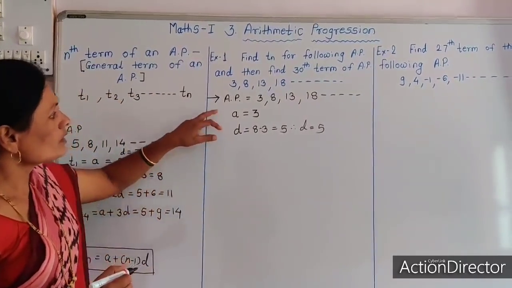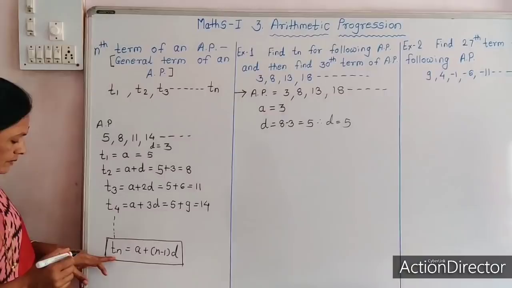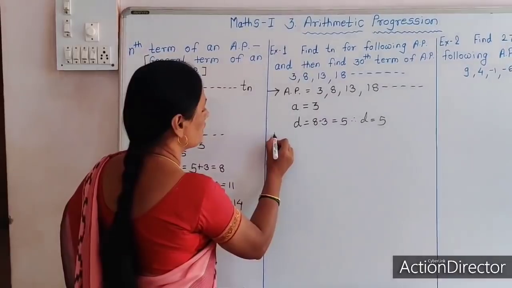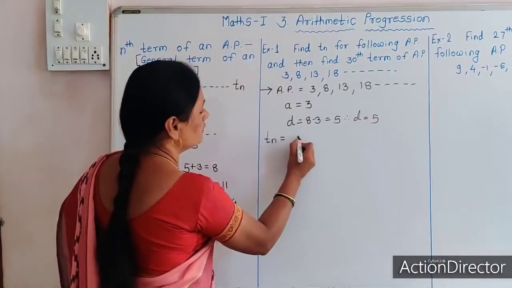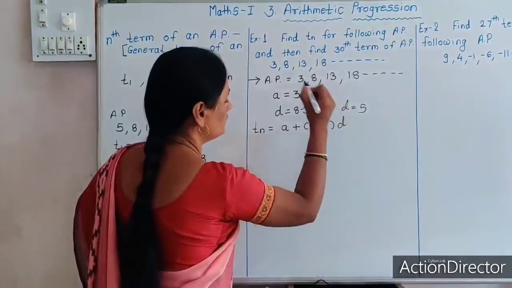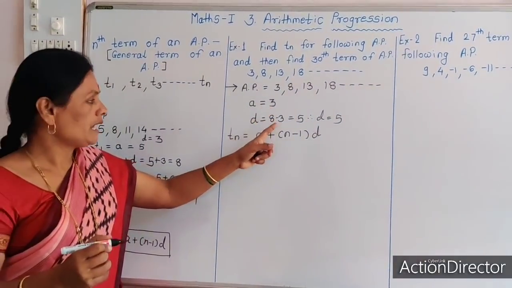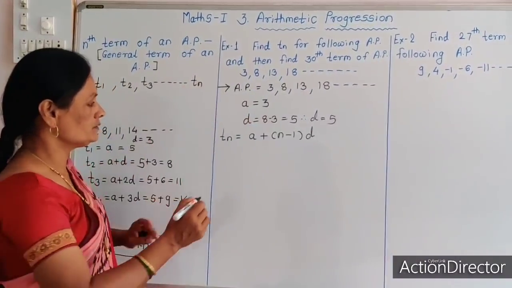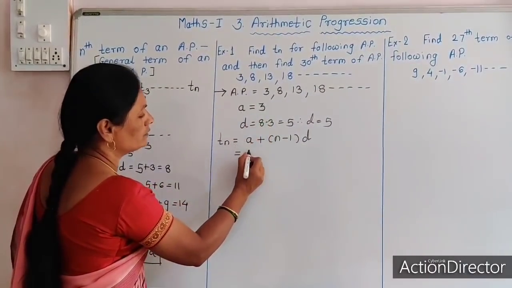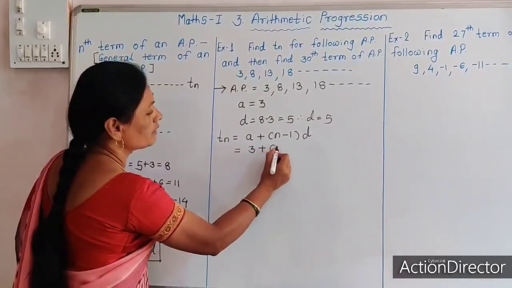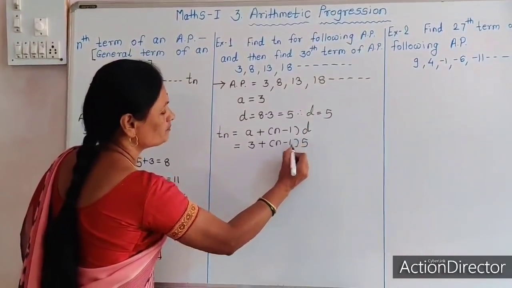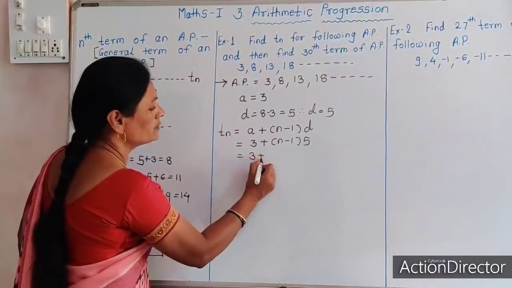Also, look at the formula here. We have to find Tn first. Therefore, we write the formula Tn is equal to A plus n minus 1 into D. A means the first term and D is the difference between two consecutive terms. We put the value A is equal to 3 plus n minus 1 into the value of D, which is 5.